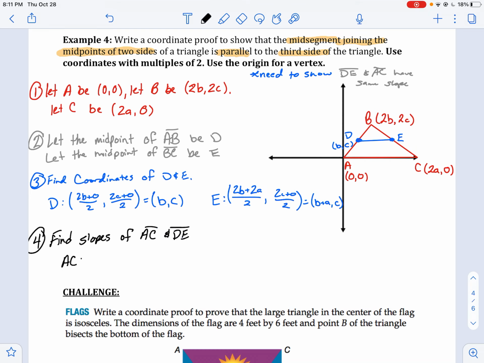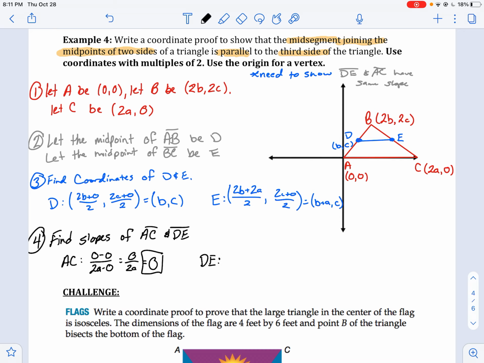So AC, if I do the slope formula, y2 minus y1 over x2 minus x1 is 0 over 2A, or 0, okay.